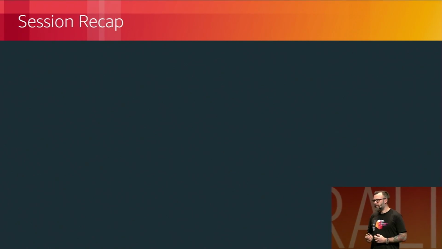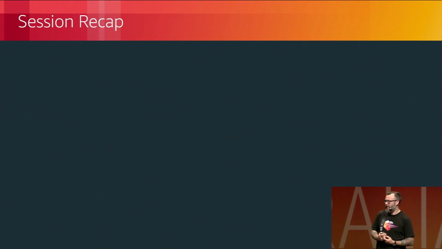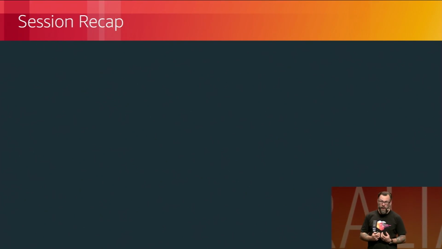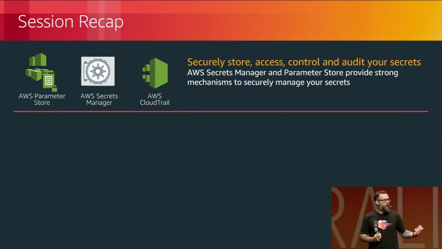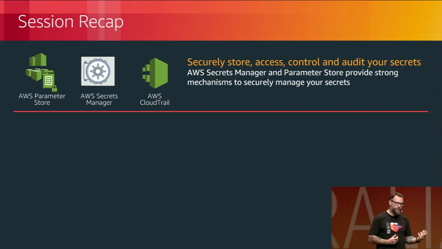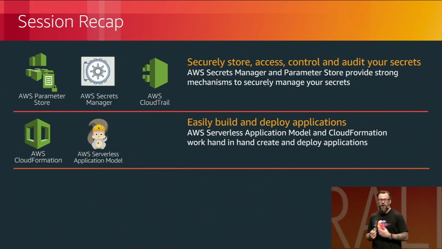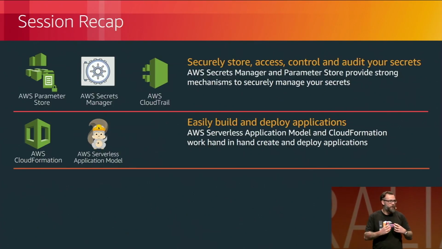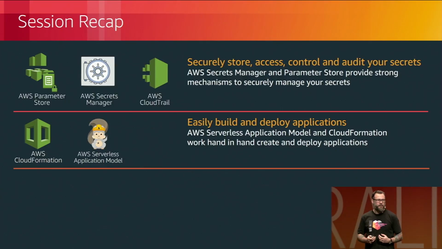So we saw today, or Aurelien demonstrated, how easy it is to build applications without any knowledge of the secrets that are required to connect to the other components that you build. You can securely store, access, and audit access to secrets using Parameter Store and Secrets Manager. You can use the serverless application model in CloudFormation to talk to Parameter Store, build serverless applications, and pull in parameters as you build these applications.